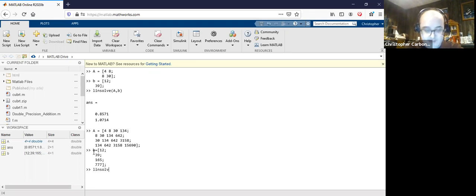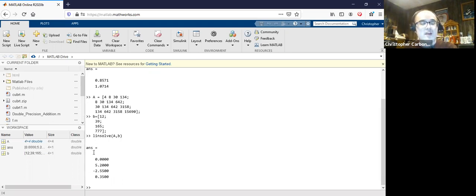Now when we do that, then solve A backslash B without the semicolon to make sure we get the answer. We obtain our intercept here is going to be 0, and then we have 5.2, negative 2.55, and 0.35. Going to Matlab here. So let me just bump this back over so we can write that up and look at our error term.